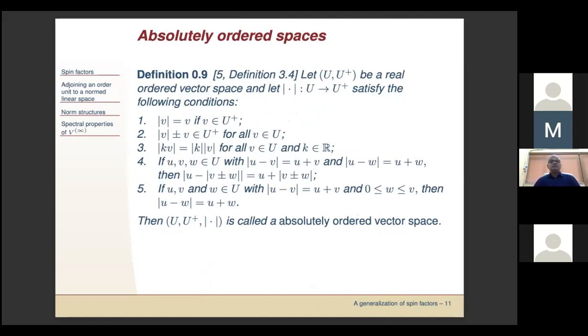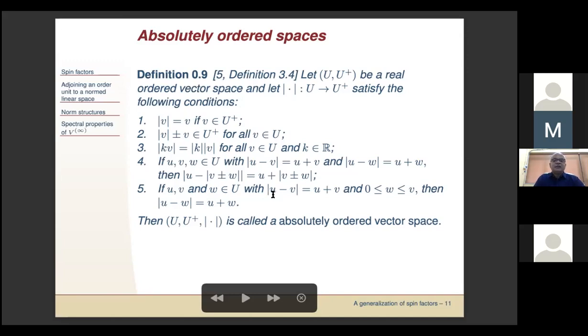This is the definition I had introduced, I think, a few years ago. Take any real ordered vector space U comma U plus, and let this modulus be a map from U to U plus, satisfying the conditions that were mentioned. 1, 2, 3 we saw, the fourth we have just seen as a corollary, and the fifth is the last result.